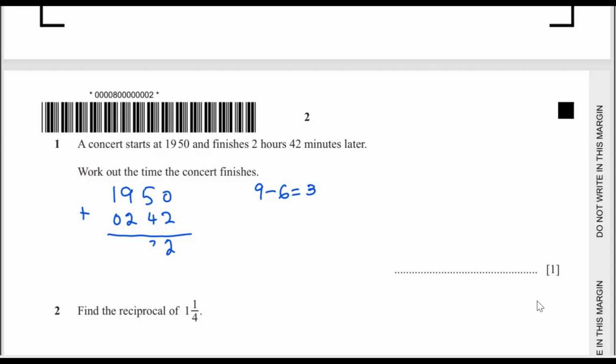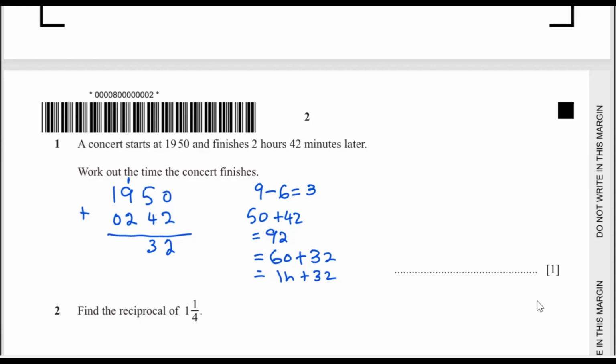So we put down 3 here and take 1 here, because when you add 50 minutes and 42 minutes together, that gives you 92 minutes, which we can break into 60 minutes plus 32 minutes. Remember that 60 minutes is 1 hour, and then this is 32 minutes. So we write down the 32 minutes and we take the 1 hour to the hour side.